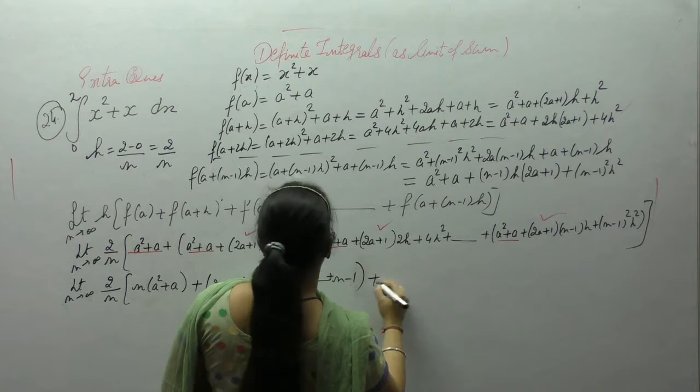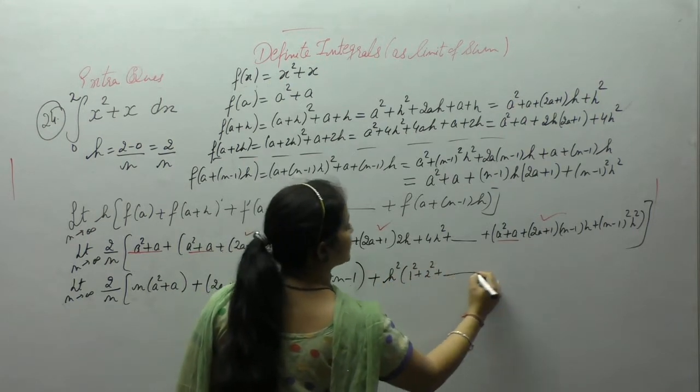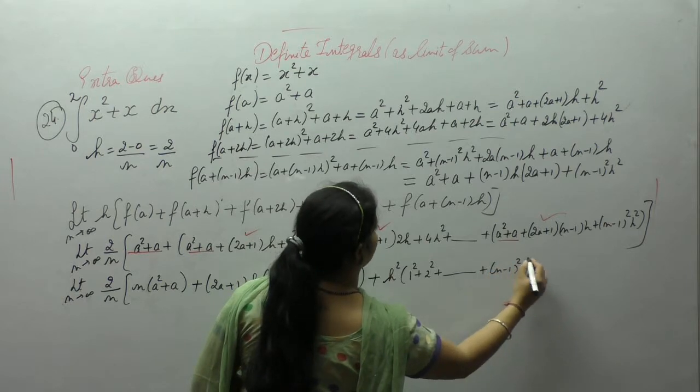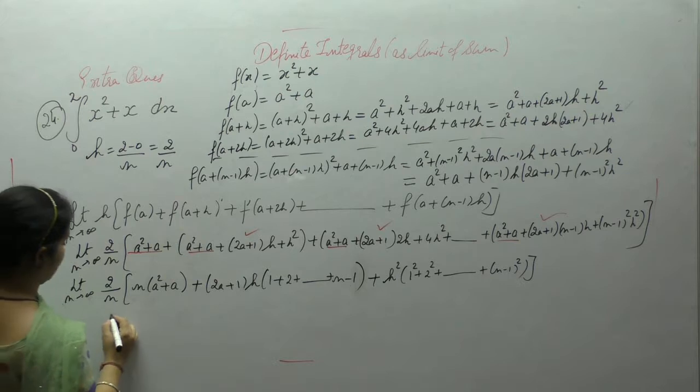Now the terms of h square: 1 square, 2 square, and so on up to (n minus 1) square. Now apply the formulas here.